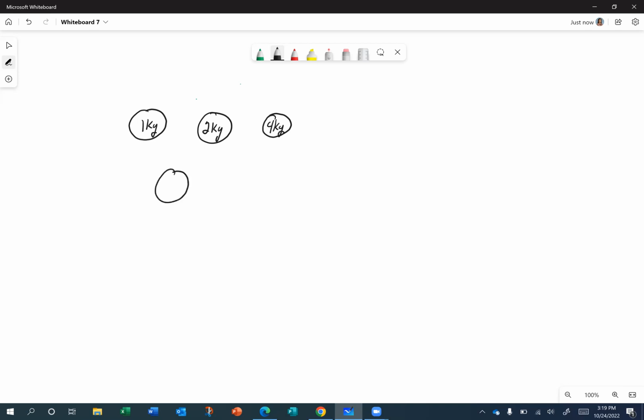The earth, rope 1, and rope 2. As we see, the earth, of course, is going to act on each one of those, giving us the force of gravity. Rope 1 acts on the 1 kilogram and the 2 kilogram. And then rope 2 acts on the 4 kilogram.